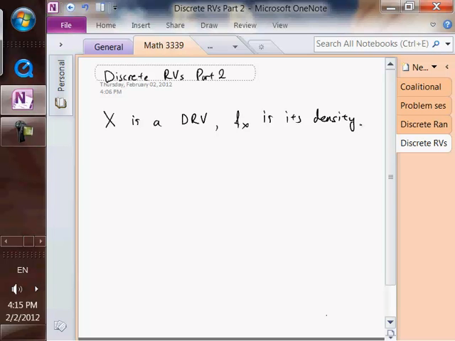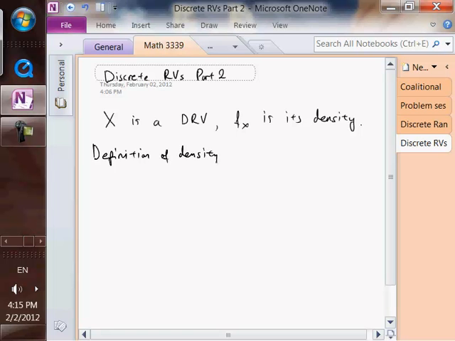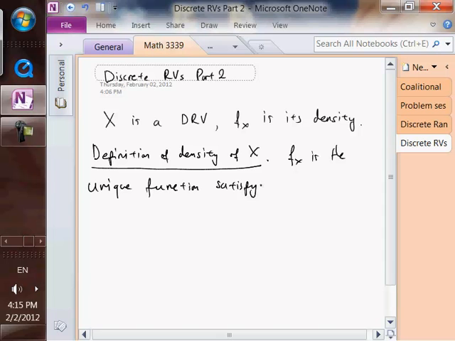Now, what is the significance of the density? And what is actually the definition of the density? The density of X, that's the definition actually. Let me write it. Let me stress that because I don't think I stressed it strong enough last time. f sub X is the unique function satisfying the following property.